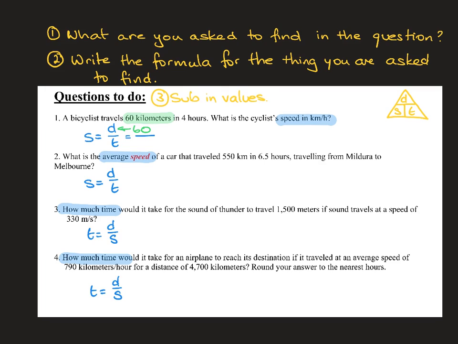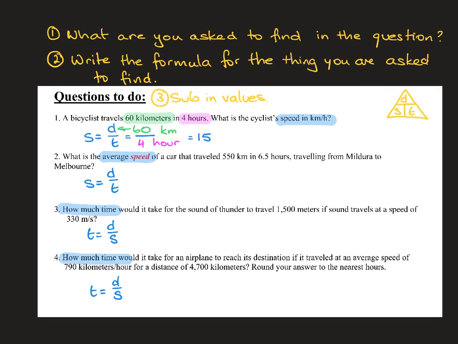So let's continue having a look at what we've got in our question. A bicyclist travels 60 kilometres in 4 hours. 4 hours pretty much sounds like a time to me. And so we're going to put our time as 4 hours. I'm just going to write hours here, and for the distance, I'm going to write kilometres because that's what it was. We can do the calculation of 60 divided by 4, which is 15.